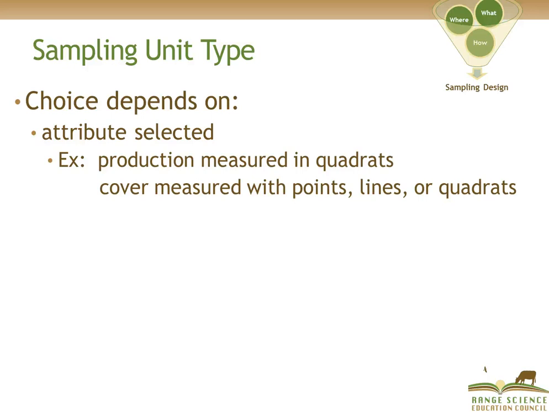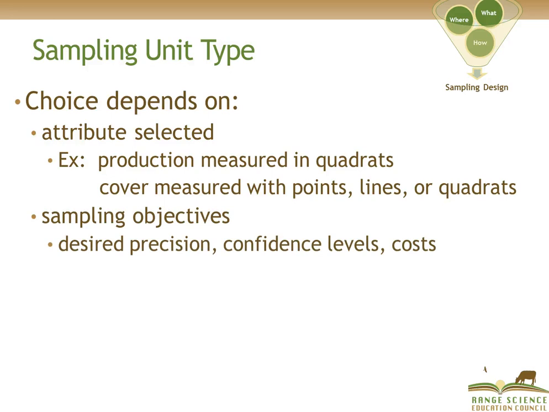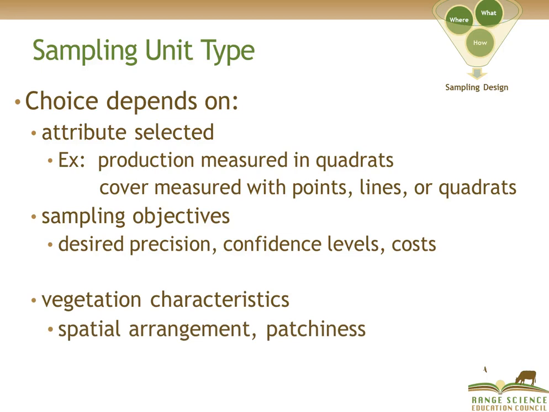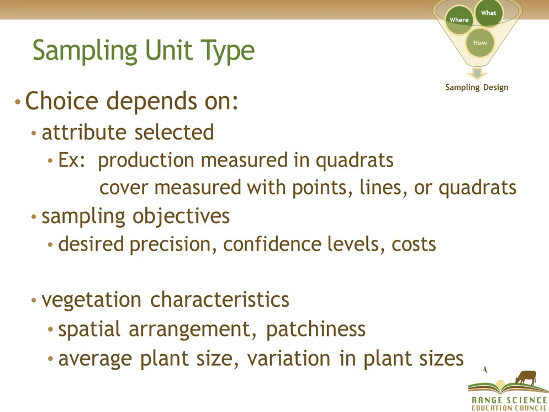And so the choice of whether we would use points, lines, or quadrats depends on other aspects of our objectives for cover. The sampling objectives, including desired precision, confidence level, etc., are important, as well as vegetation characteristics.